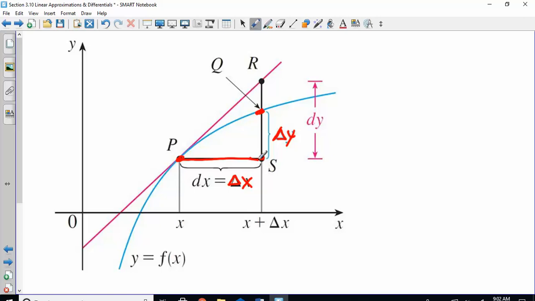Dy is the amount the y increased on the tangent line. So a differential dy is estimating how much your y value changed on the tangent line. So not the true curve, but on the tangent line. Okay? Questions right there?